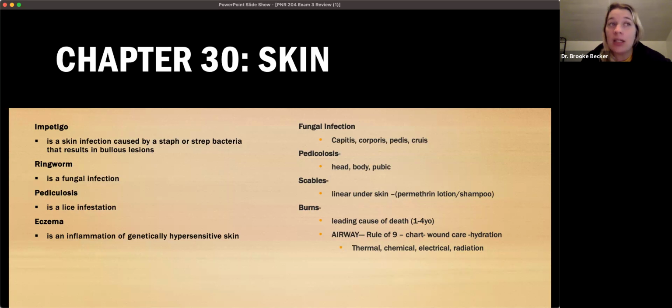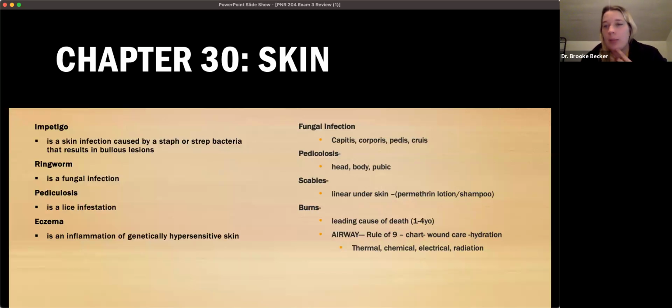Burns are the leading cause of death in kids aged 1 to 4. Think about, they're really curious, they're touching things, they're grabbing things that may be hot. So the biggest concern is, of course, if they're burned on their face or their neck or their chest, you get concerned about airway. Okay. And the rule of nines, that's looking at the percentages of burns in certain places on the body.